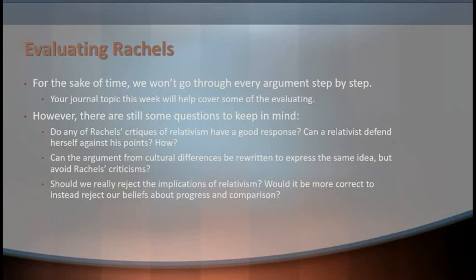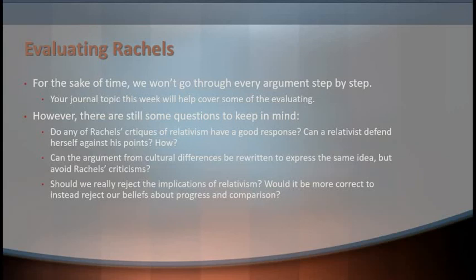Second, I want you to keep in mind and be asking yourself, could the argument from cultural differences be rewritten to express the same idea, but avoid Rachels's criticisms? Is there a way to believe in a version of the cultural differences argument, but still avoid the kinds of problems that Rachels points out in the first sections of his article?